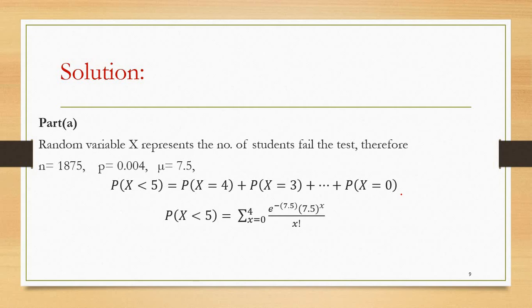As you know that the probability distribution function is e raised to power minus mu into mu raised to power x over x factorial, and the value of mu is 7.5, and summation x is equal to 0 to 4 as probability x is less than 5.